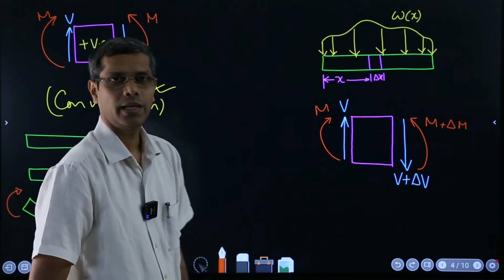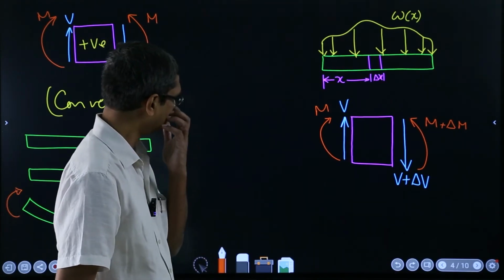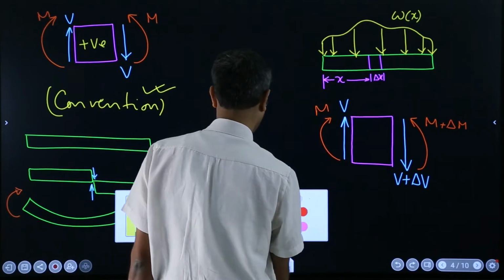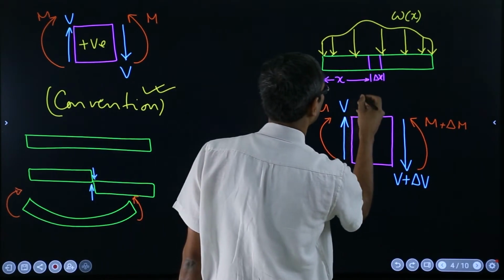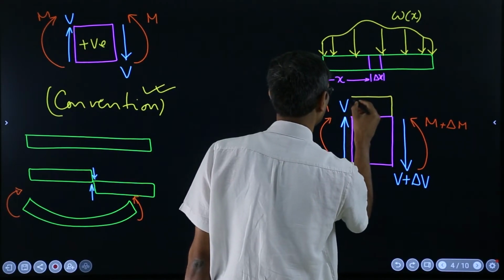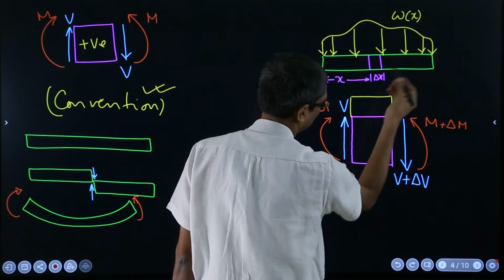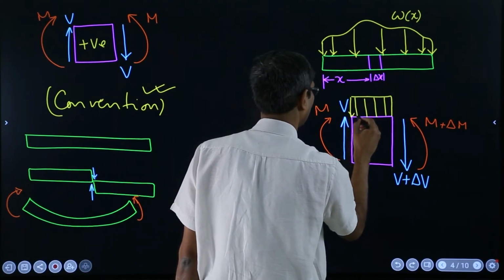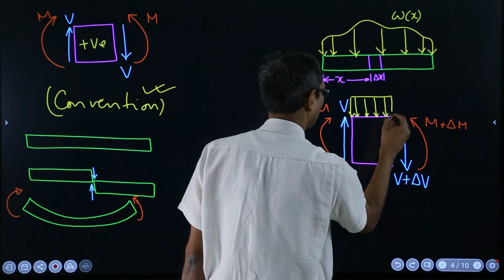Okay. Now in this small segment you can think of this W to be constant, since delta x is so small.